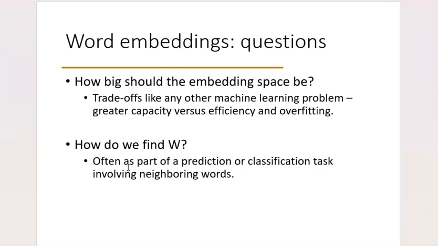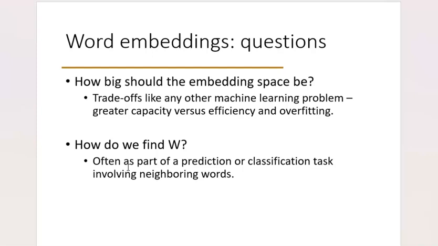So some key questions in word embeddings: first, how big should the embedding space be? A higher dimensional space will allow us to capture more nuances between the words, but can also lead to overfitting. As we saw before, a bigger model is not always better at generalization.